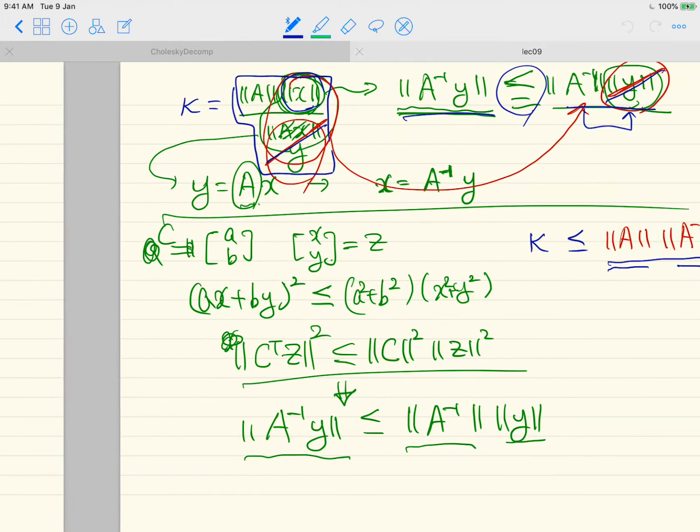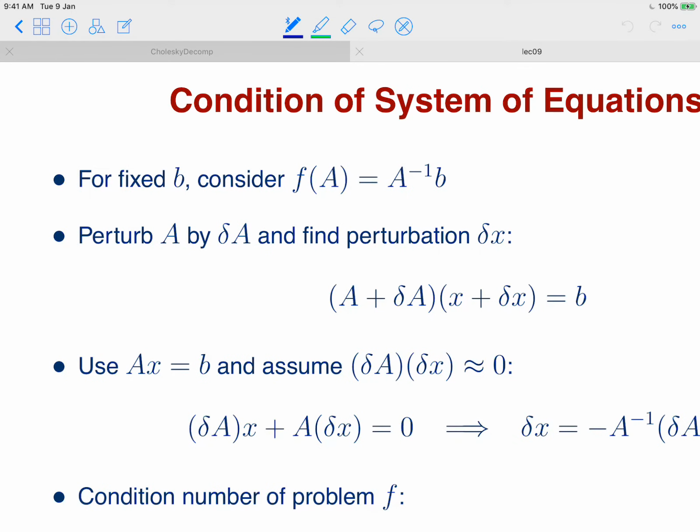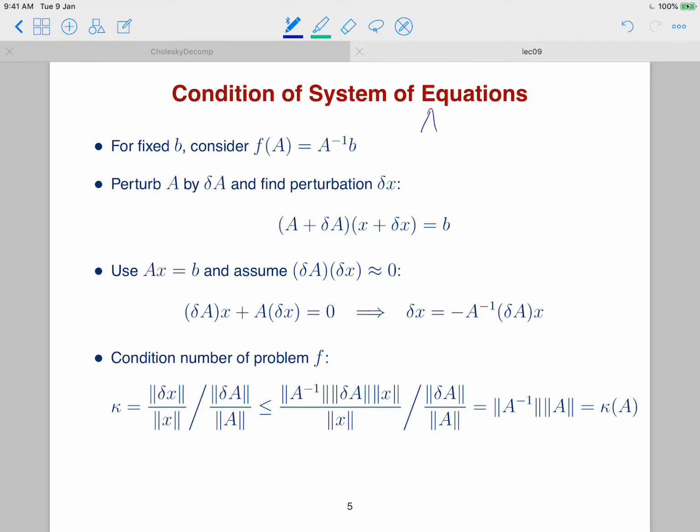Okay, so we can think of this condition number in the context of a linear system. Let's think of the linear system Ax equals b. In this case, what is the input and output?